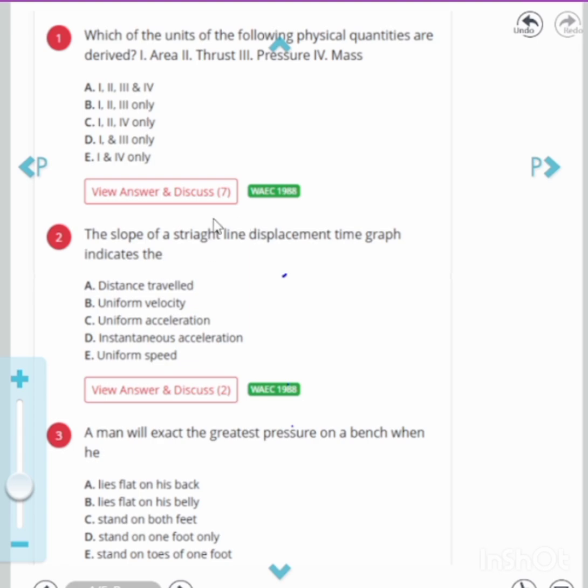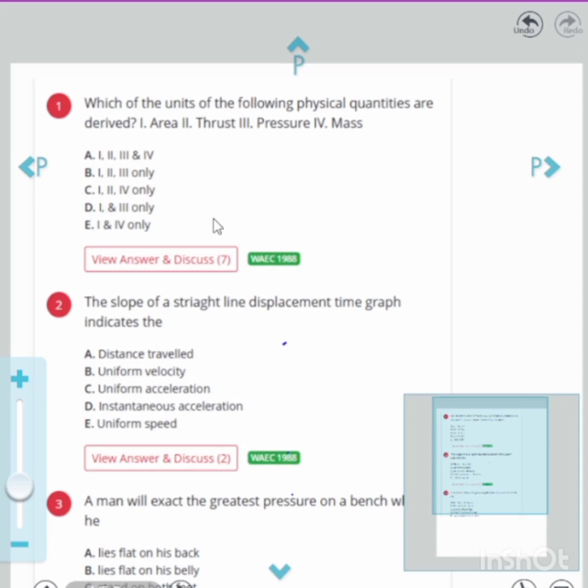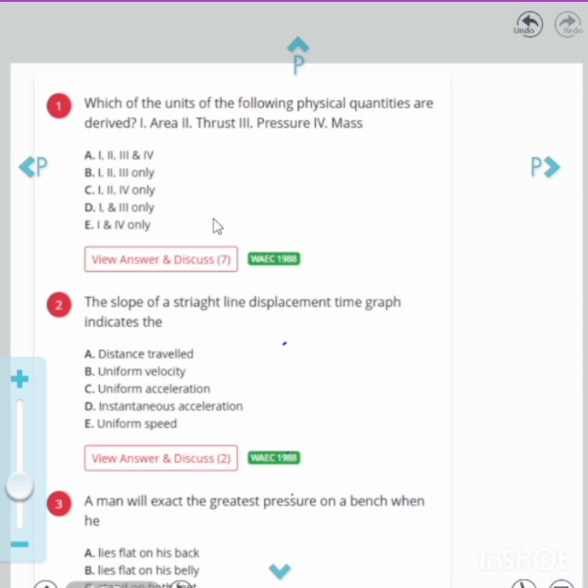All right, so we have: which of the units of the following physical quantities are derived? So we know that derived quantities are quantities that depend on other quantities for their measurement and definition. So that being said, let's tackle this from the area of dimension.